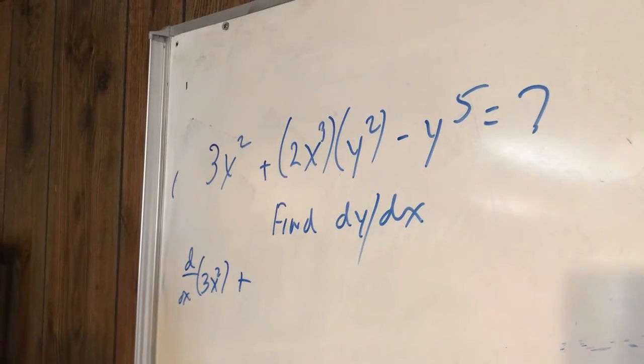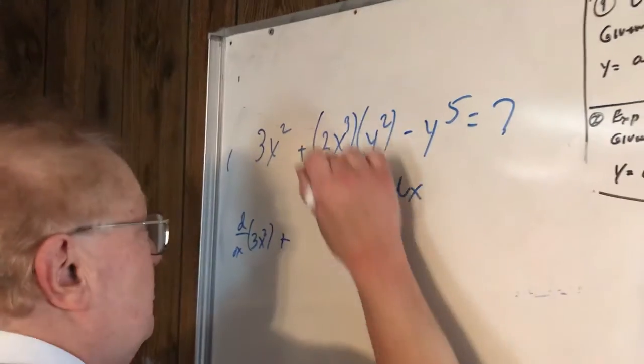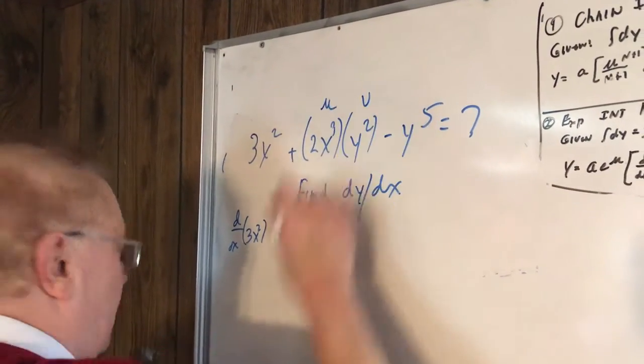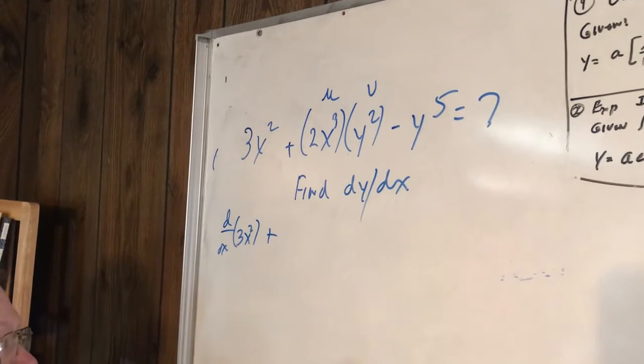So I look at all these functions and I take them with respect to x. This is a product rule. I could call this u and this v. You get a lot of product rules in these.